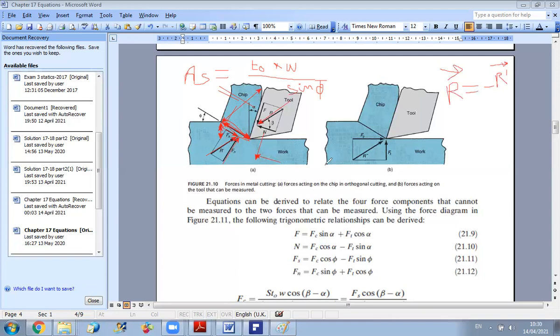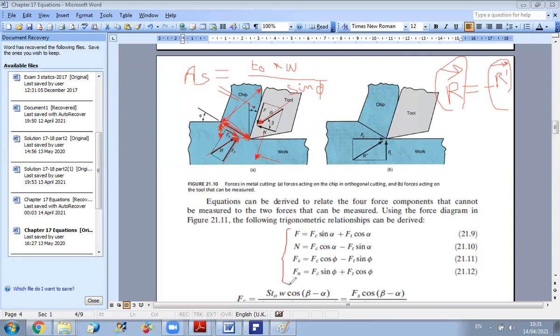You know that R is equal to R prime in magnitude. So for example, I can divide R into Fs and Fn, or I can divide it into minus Fs and minus Fn. And this will allow you to write these relations. We will see together how to write them in detail.